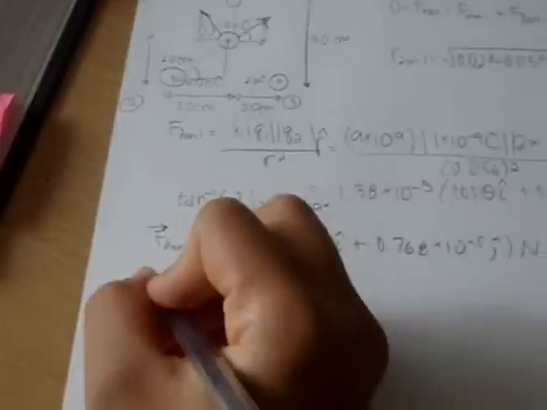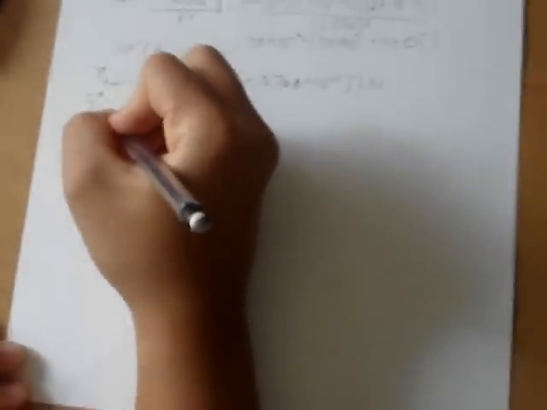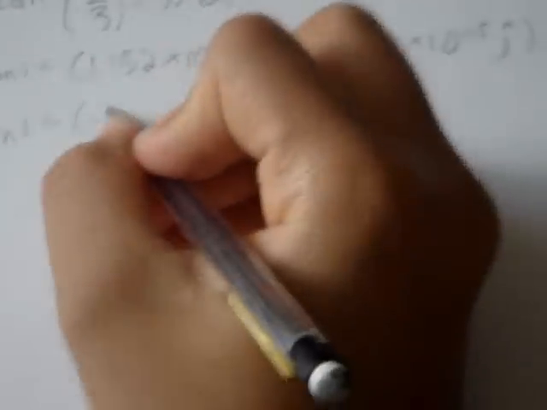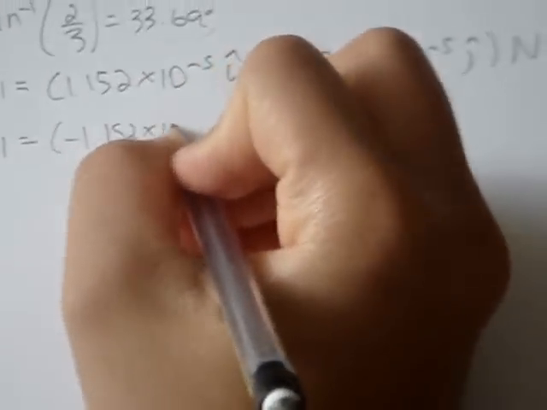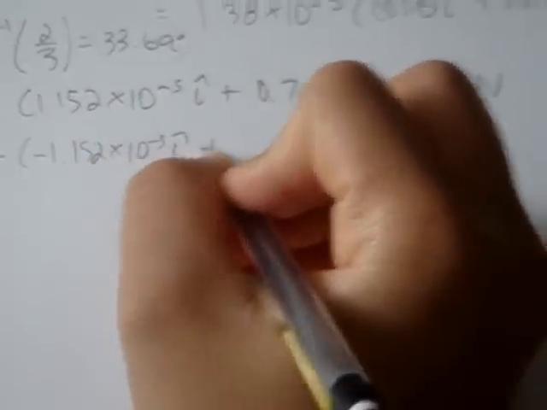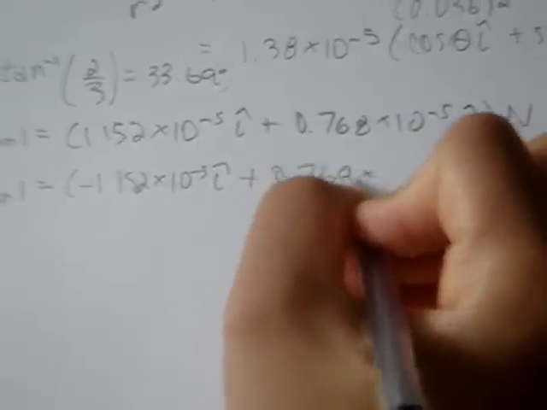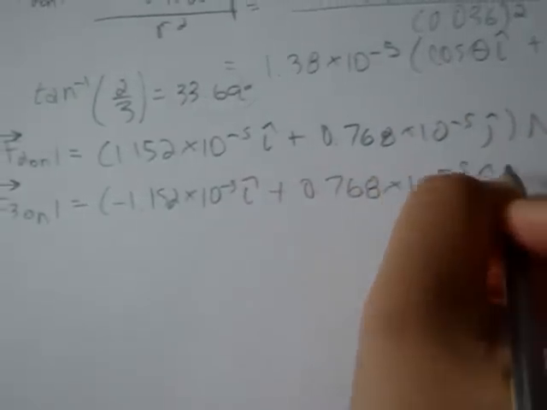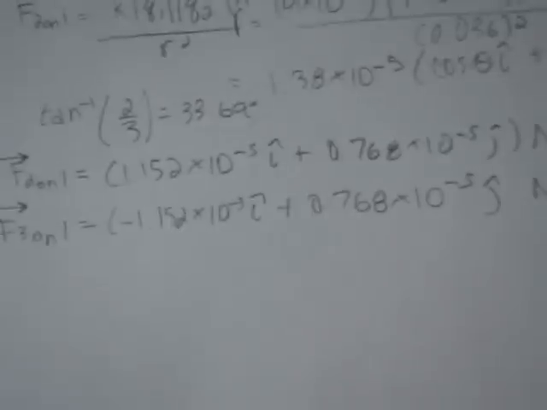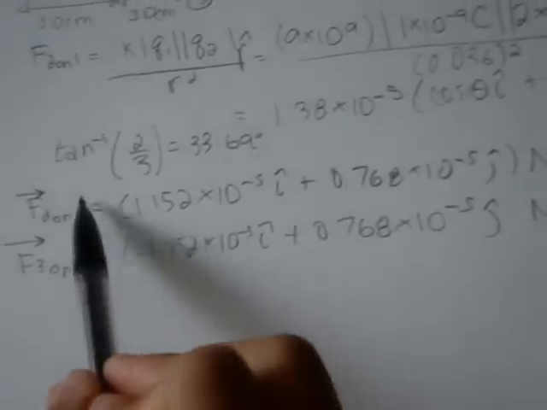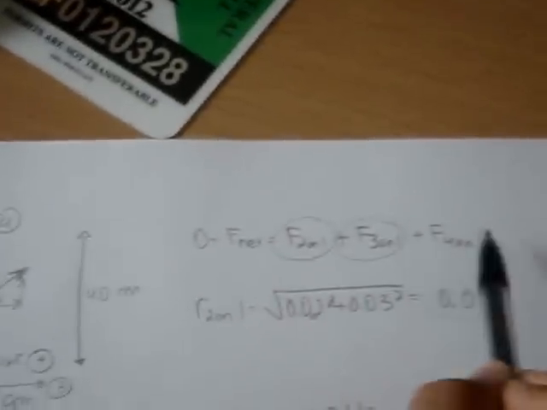And so the force of 3 on 1 will be negative 1.152 times 10 to the negative 5 i hat plus 0.768 times 10 to the negative 5 j hat newtons. And so we can plug this value and this value back up here.